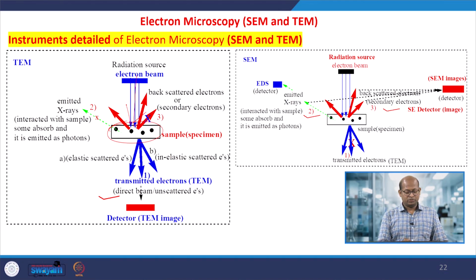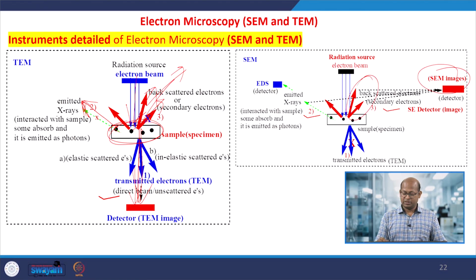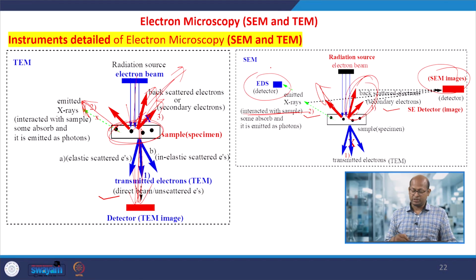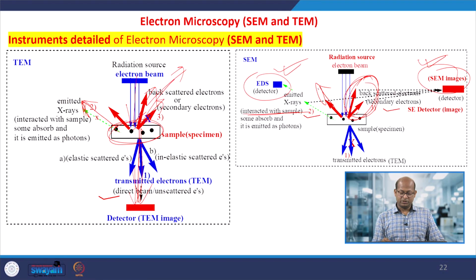Here is the sample, and the electron beam is falling on it. These are the backscattered electrons, and this is the transmitted electrons. X-rays are also emitted from the sample when the electron gun beam falls over it. The backscattered electrons are used for SEM image analysis, and the emitted X-rays are used for EDS or elemental analysis in SEM. Both are collected with the help of detectors.